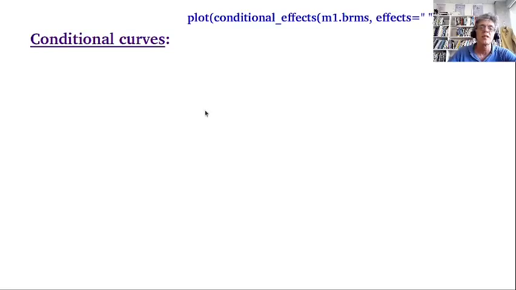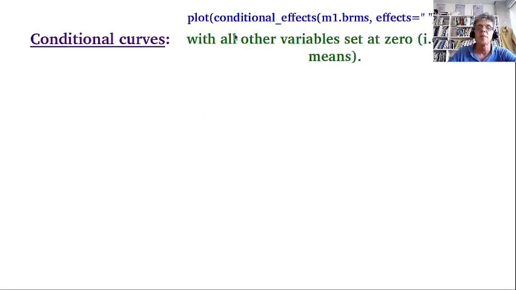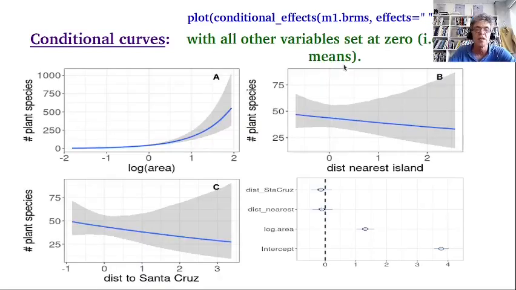Finally, we can obtain the conditional curves simply by replacing, in the blanks between the dots, the name of the explanatory variable for which we want to obtain the predictions, and this sets all other variables to 0, that is to their means, because we standardized the explanatory variables prior to the analysis. From this we obtain the following predictions, which show the relationship between the response variable and each of the explanatory variables.